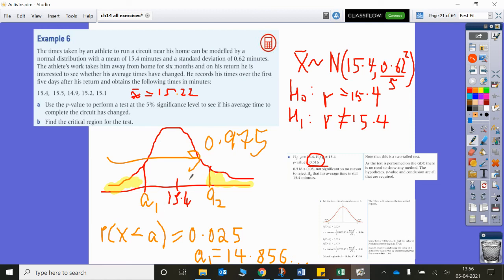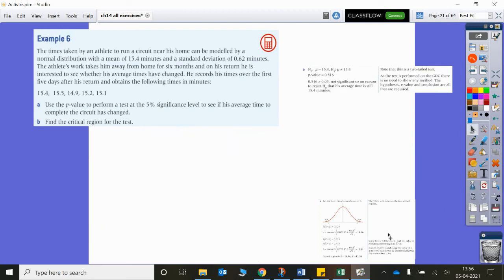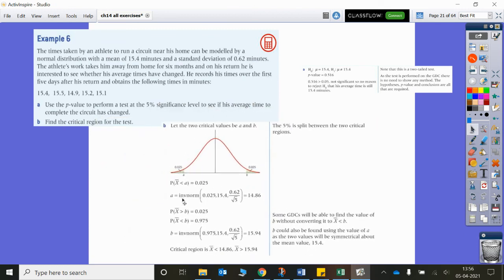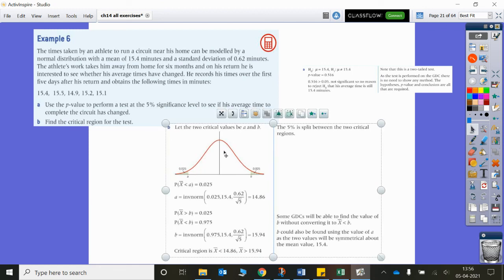Okay, let's just check what they do as well, and then we are done with this. Let's clear the annotations. Let's check this for part B. So again, they've said to the examiner, we're doing an inverse normal distribution for part B. They've drawn a sketch of the graph as well.